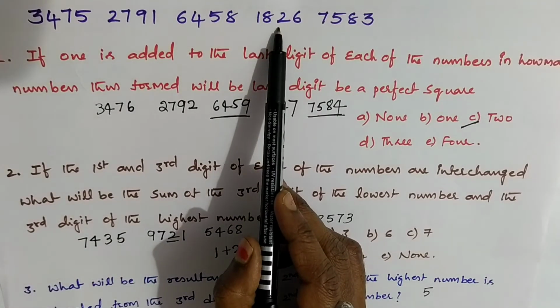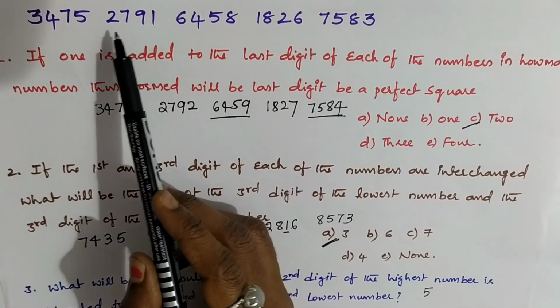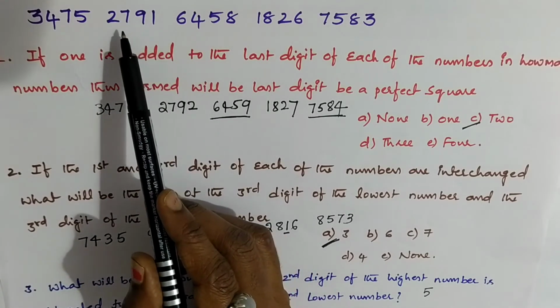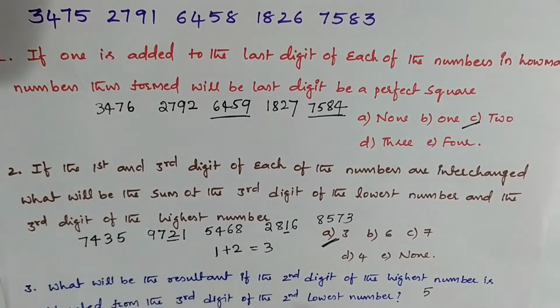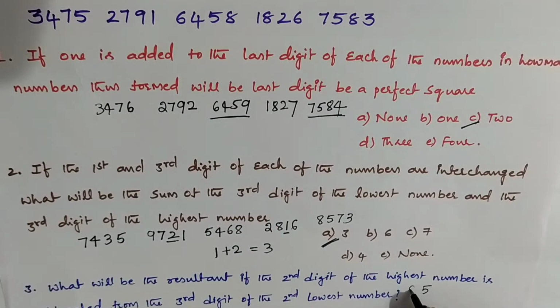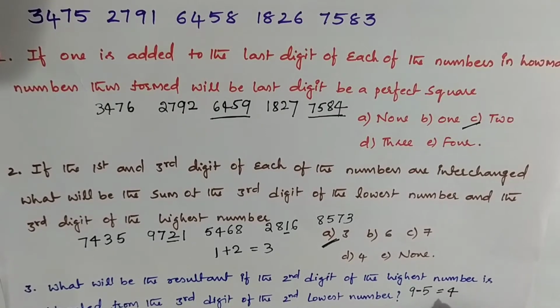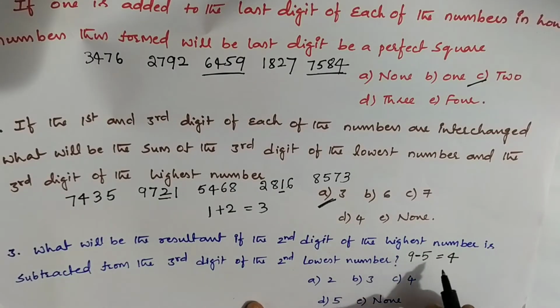The lowest number is 1826 and the second lowest number is 2791. What is the third digit of 2791? 9. This 5 is subtracted from 9, so the resultant value is 4. Option C is the right answer.